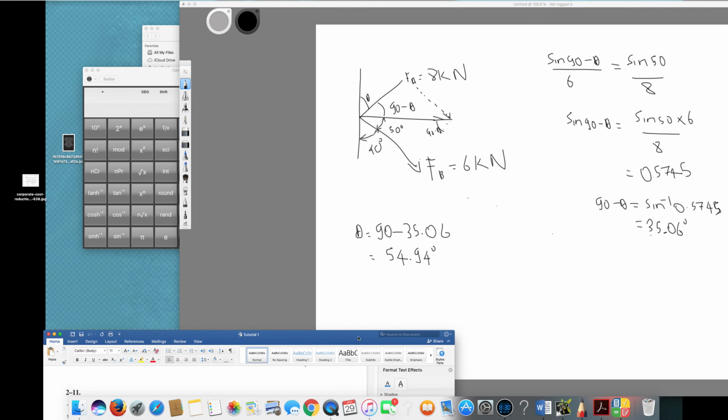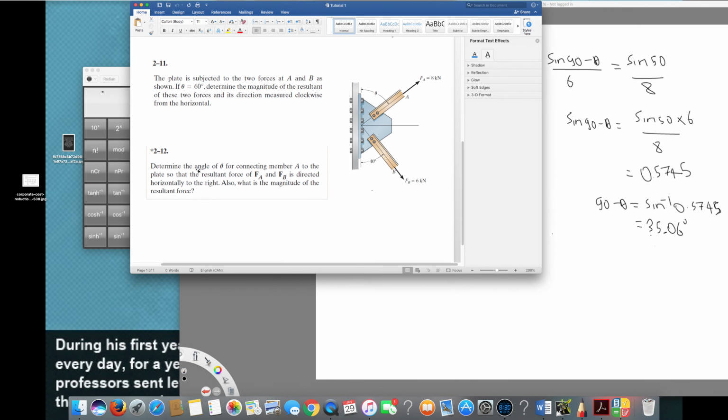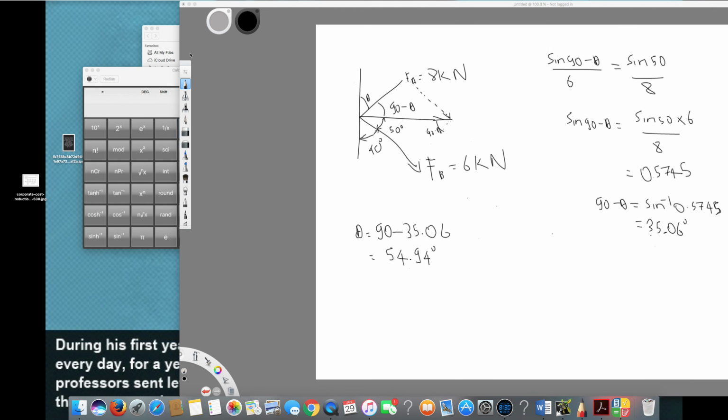Let's read the question carefully again. Determine the angle theta connecting member A to the plate so that the resultant force of FA is horizontal to the right. Also, what is the magnitude of the resultant force? So we have to find the resultant force too. Now with this information, I can use this angle to find the resultant force.